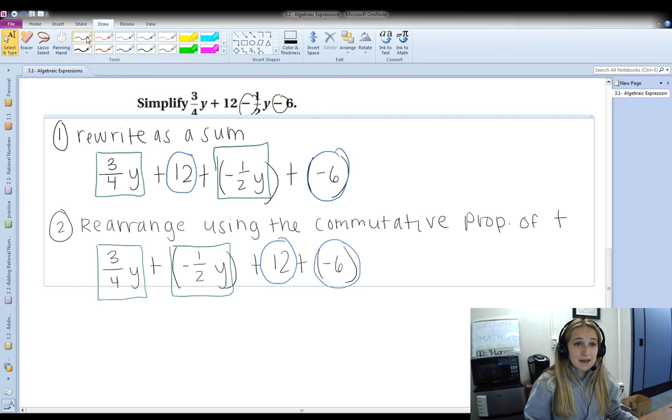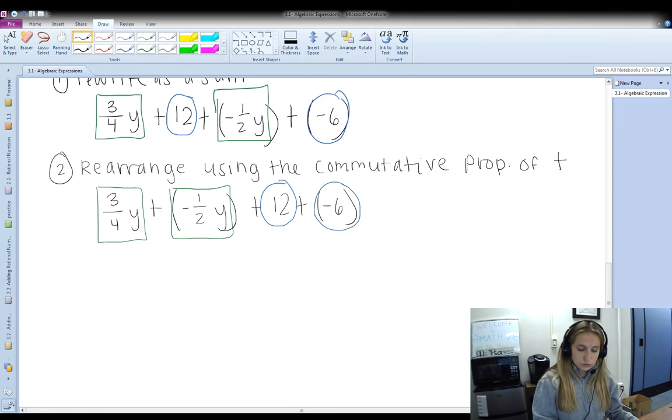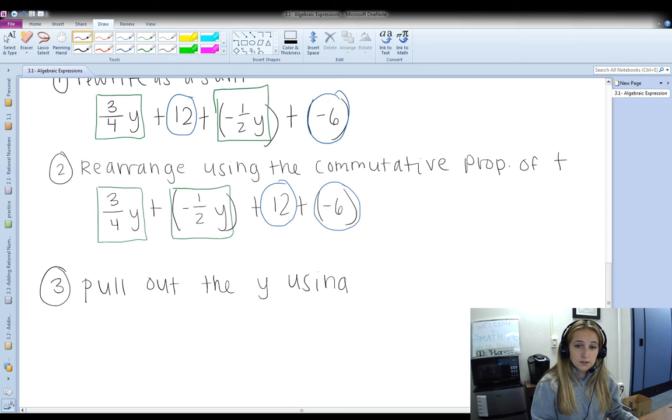Now, our next step in simplifying is we need to pull out the y using the distributive property, which we should have seen in 6th grade.